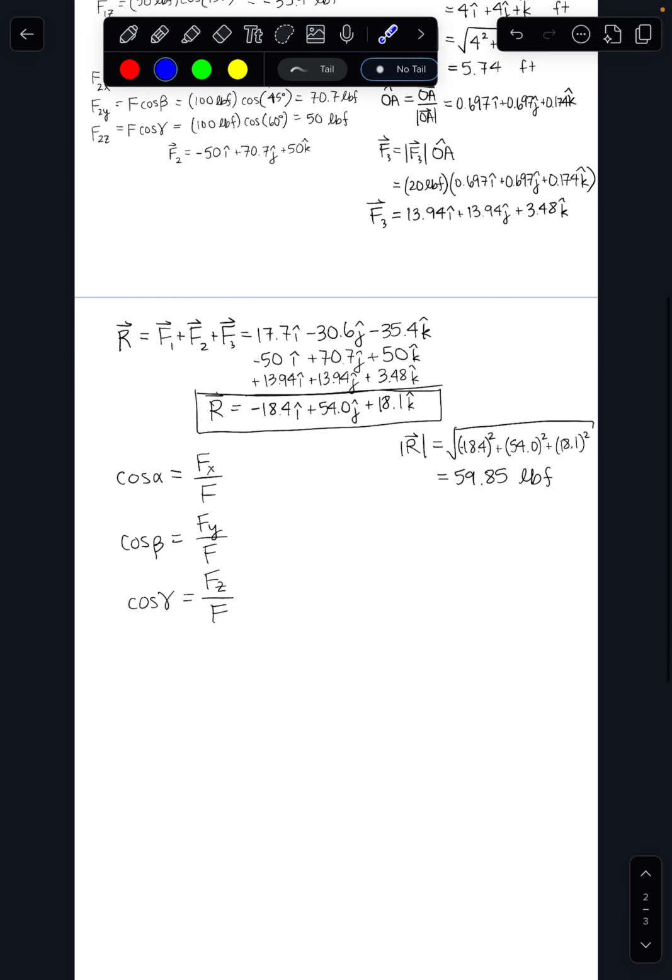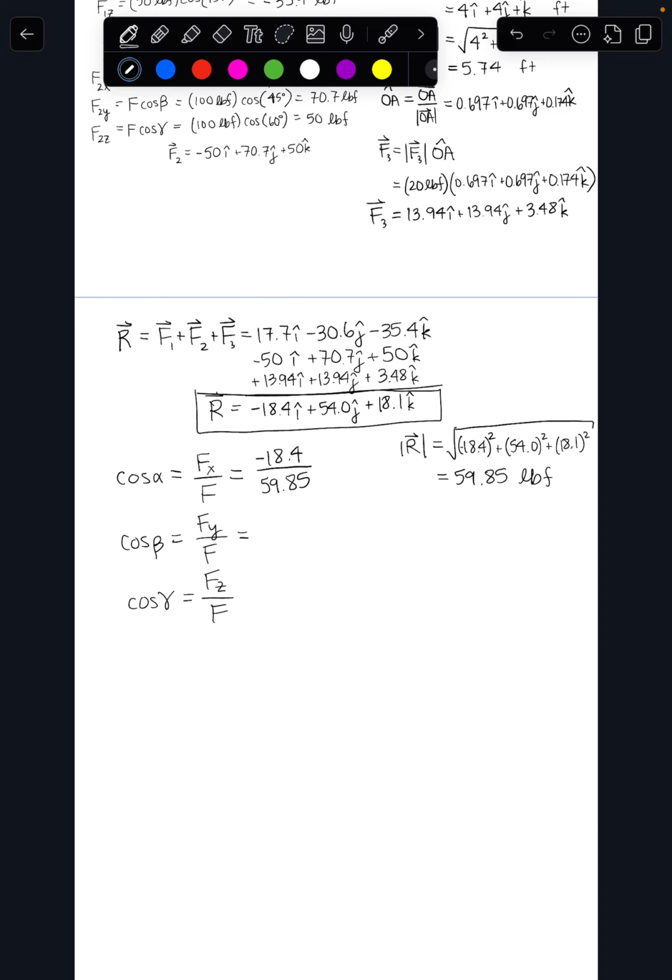All right. So now we've done all that. Let's wrap this up by solving for our directional cosine angles. So fx, that's our x component of the resultant vector, which is negative 18.4, divided by the magnitude we just solved for, 59.85.